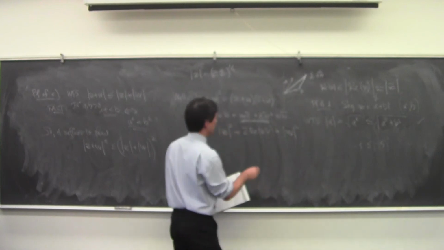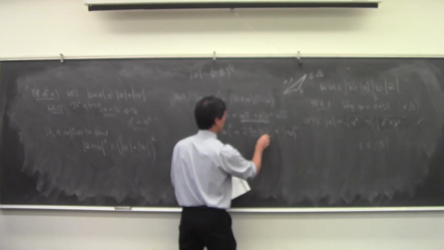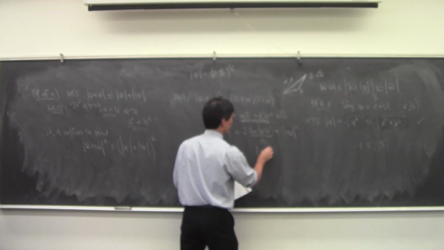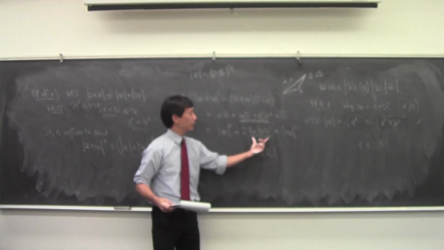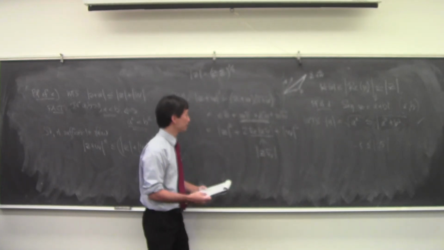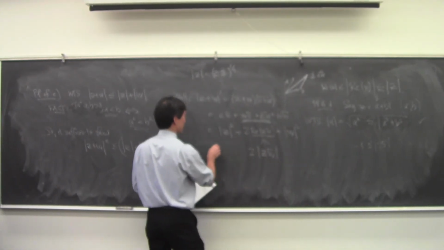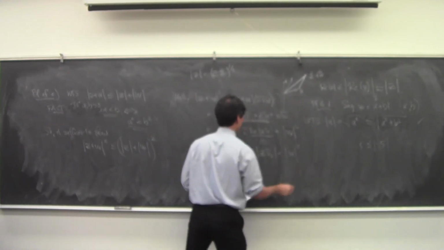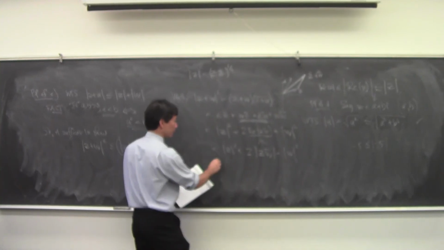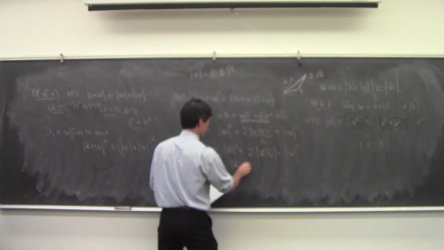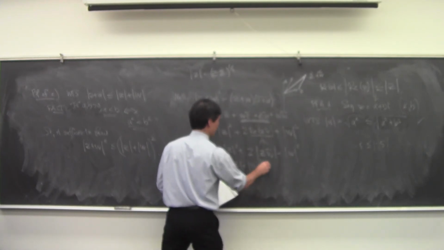Okay, so I'm going to take this guy and say that's less than or equal to the modulus of zw bar. Right, so I get this plus this, and you see what that is. That is the same thing as the quantity modulus of z plus modulus of w, squared.